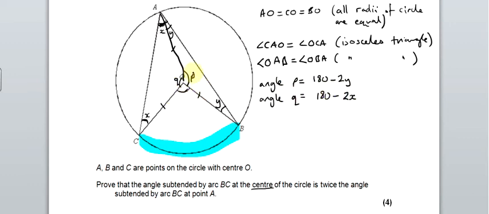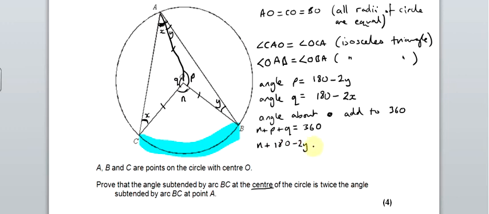So now we look at this whole angle here. So the angles about O add to 360. So let's call this one angle N. So N plus P plus Q is equal to 360. Now P was 180 minus 2y, and Q was 180 minus 2x, and that adds up to 360.